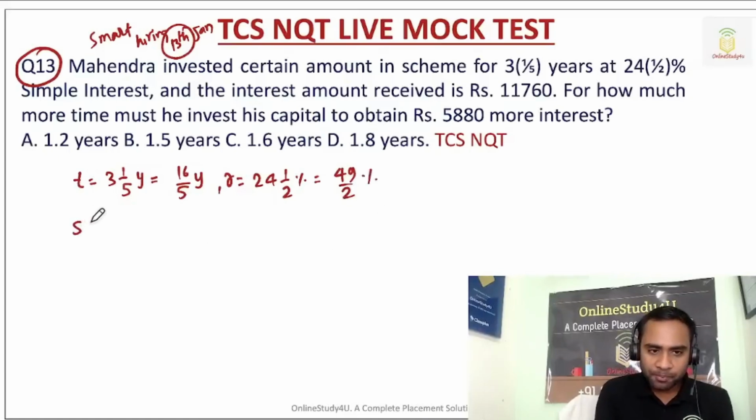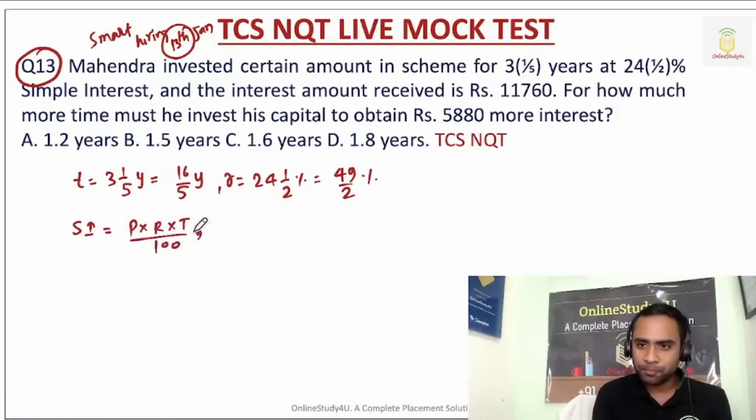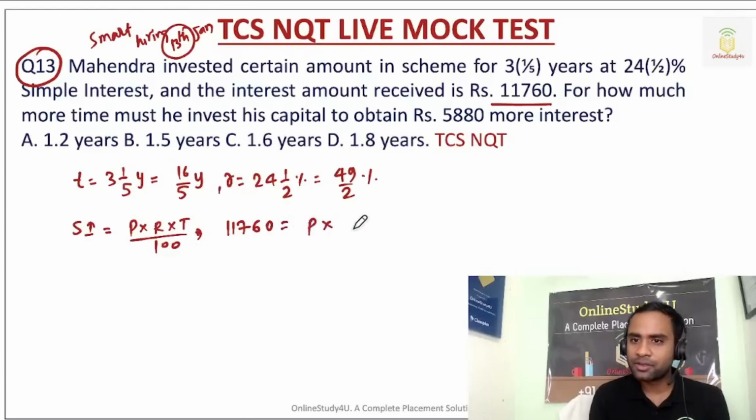Now simple interest will be equal to PRT by 100. So simple interest is 11,760, equal to principal, we have to calculate, rate is 49 by 2, time is 16 by 5, PRT by 100. So 100 you can write it here.